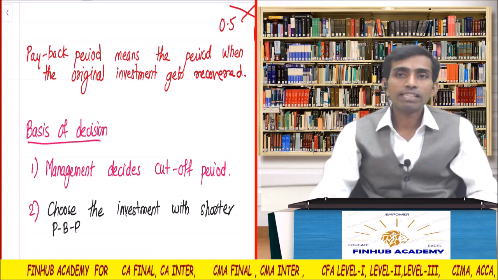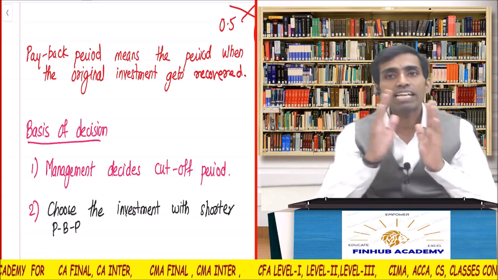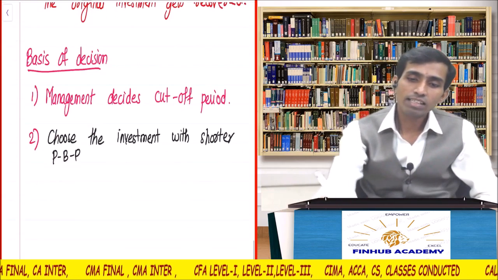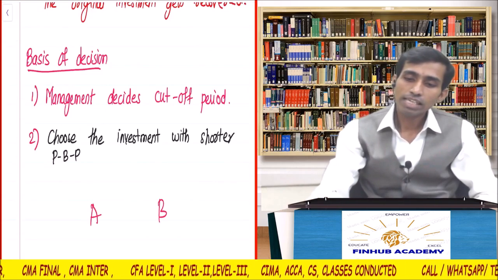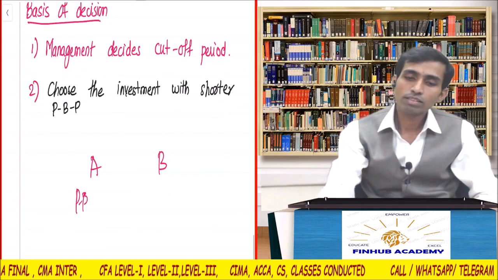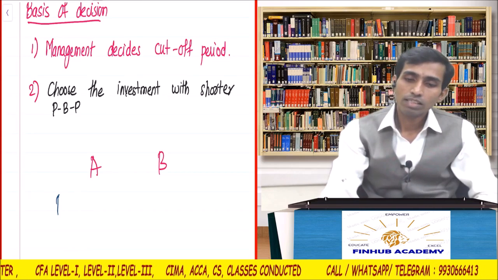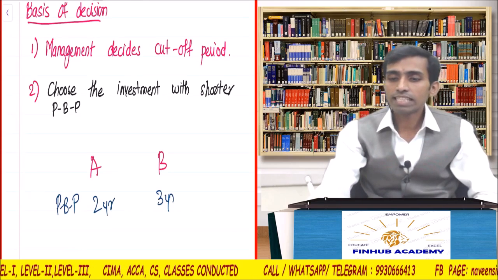See, in one of the exams, there were two projects, A and B. Let's say A has a payback period of 2 years and B has 3 years.